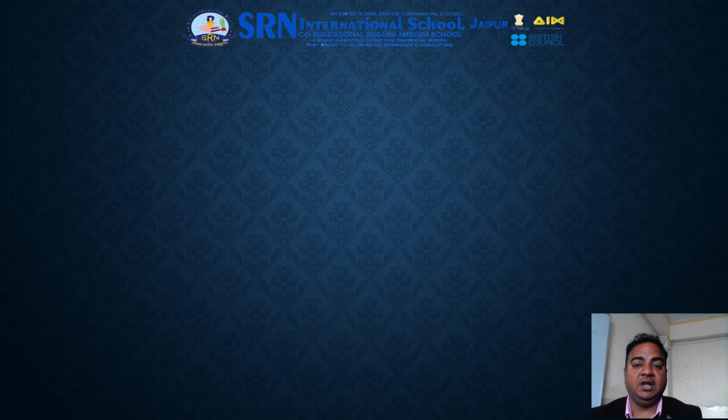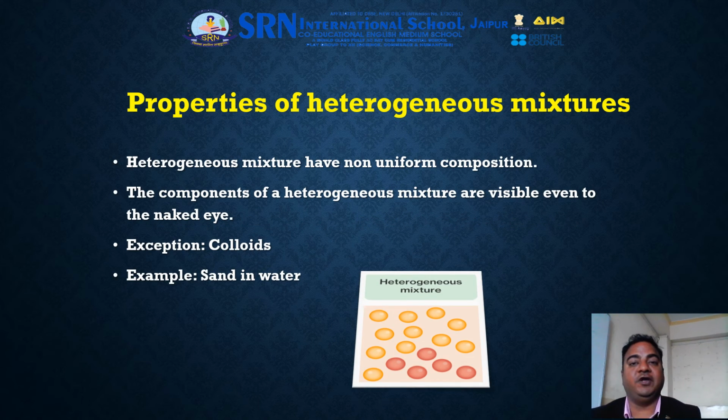Now let us discuss the properties of a heterogeneous mixture. Dear learners, before telling you the properties of a heterogeneous mixture, we can consider some good examples once again. If we take some metal pieces and put them in water, the metal pieces will not be soluble in the solvent. So this is an example of a heterogeneous mixture.